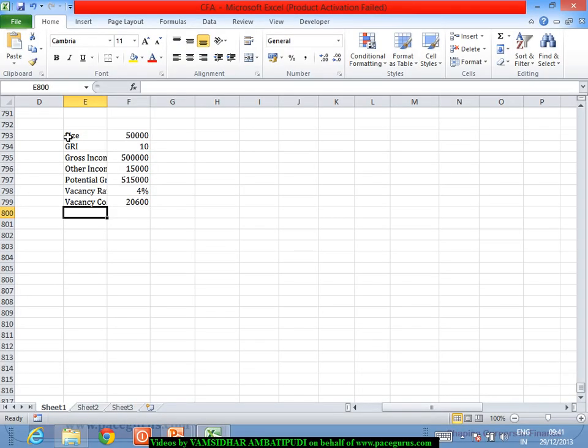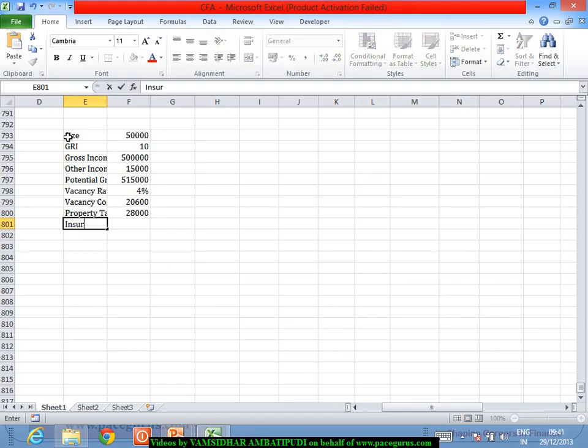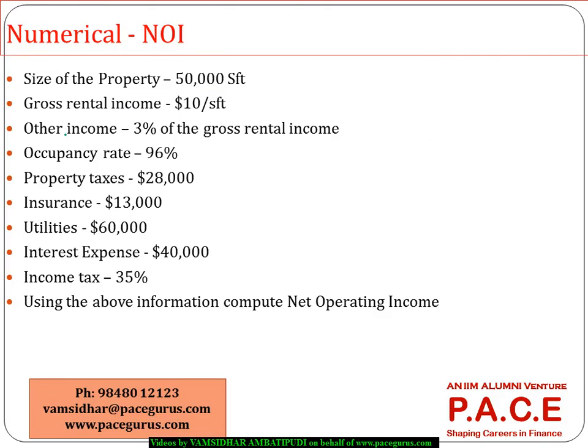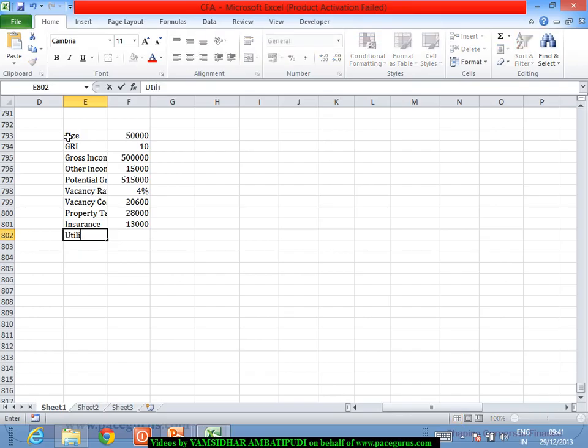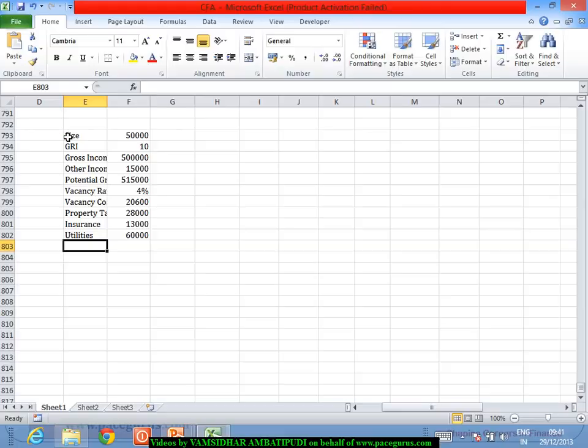Then property taxes are expected to be some 28,000. Then we have insurance as some 13,000. Utilities and maintenance is expected to be some 60,000. So these are the costs per year. Interest expense is 40,000.